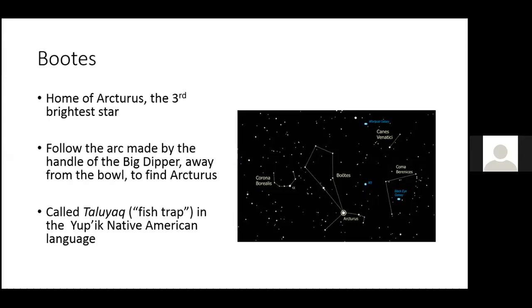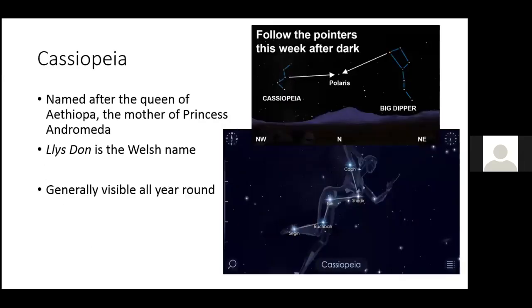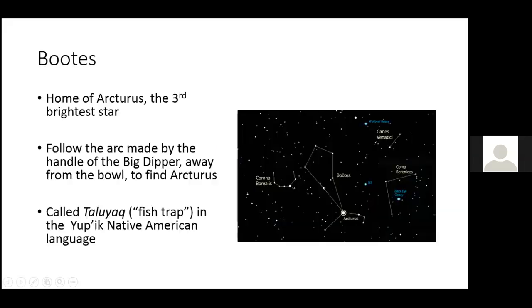The next one, Boötes. This one is the home of Arcturus, the third brightest star in the night sky. You find it by following the arc made by the handle of the Big Dipper away from the bowl. So I'll go back onto this one. If you follow this line around and keep going around, it's going to hit Arcturus.